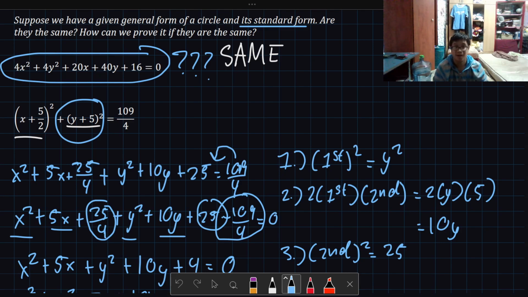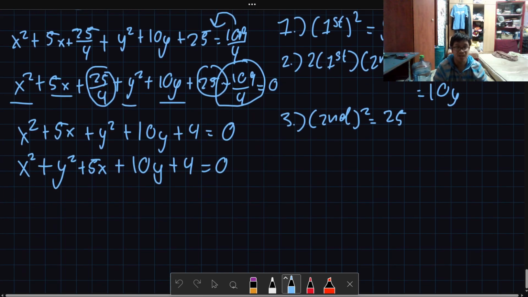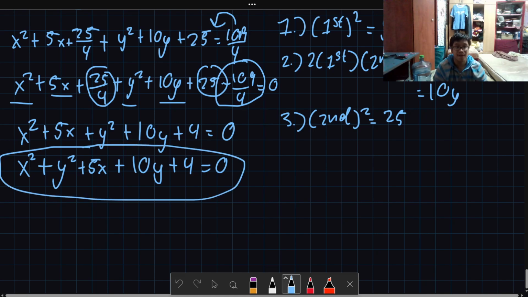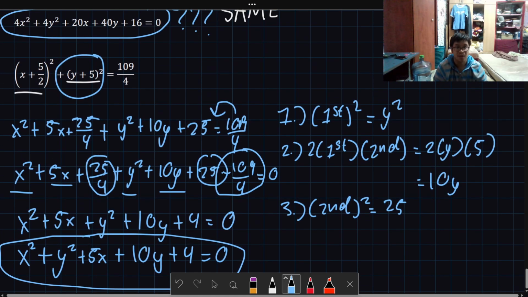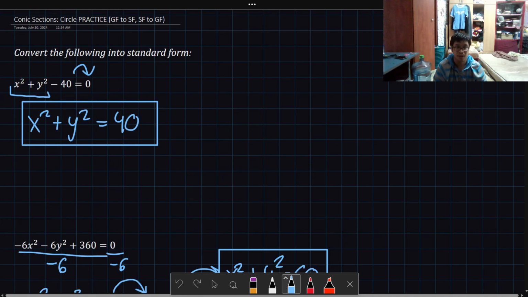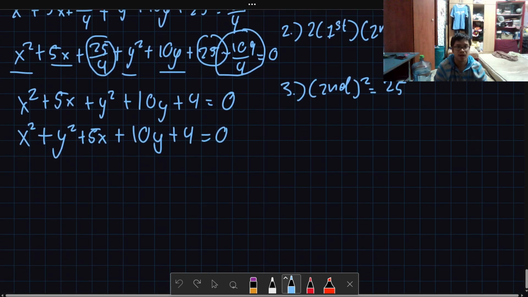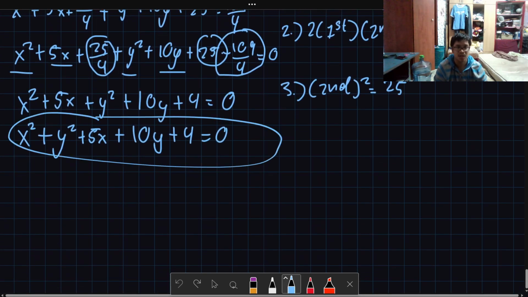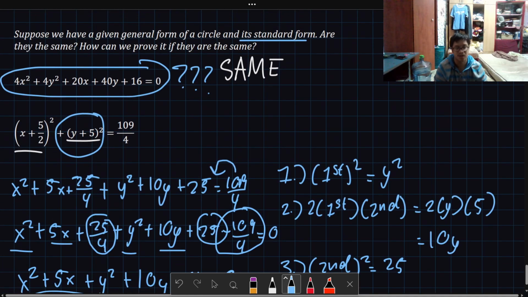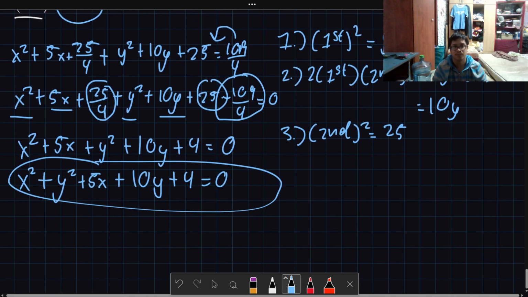It's easy. You see this, right? If they are in fact the same, then what must I do? If this is just the same as the general form, then what must I do?